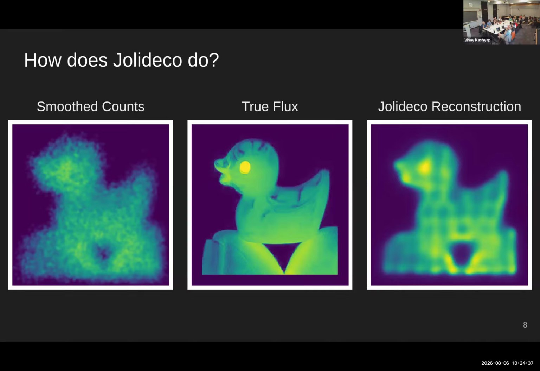Just out of curiosity, how much noise did you put in as a percentage? It's Poisson counts. On average, how many counts were there per bin or something like that? Great question. I'm not actually 100% sure, because it was a while ago that I made this slide in particular.